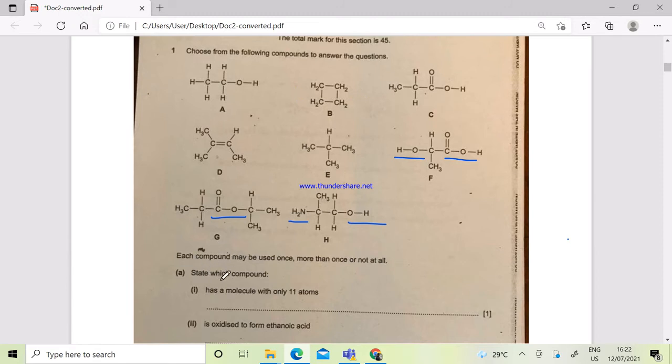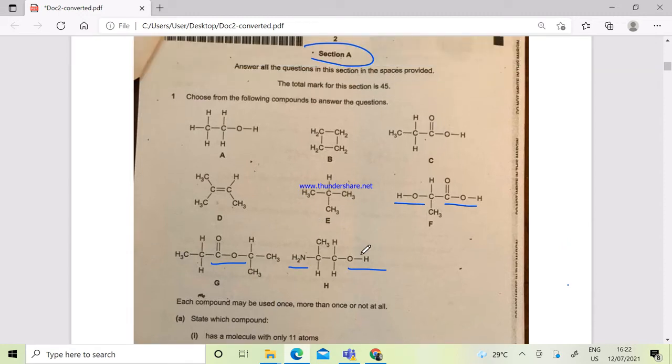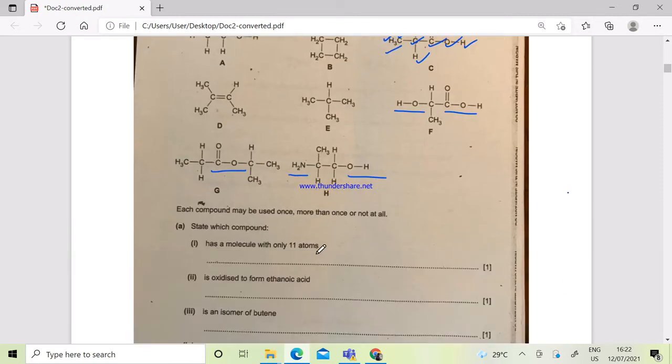State which compound has a molecule with only 11 atoms. Answer goes to C. You can calculate the number of atoms: 1, 2, 3, 4, 5, 6, 7, 8, 9, 10, 11. So the 11 atoms. So answer goes to C.